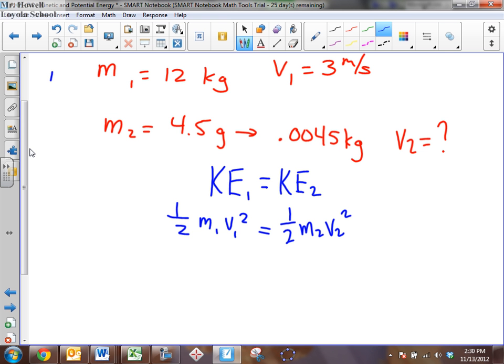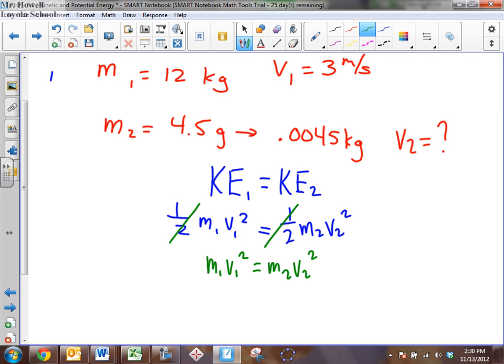The squared is for velocity, but the 1 and the 2 in the subscript just indicate the first or the second object. There's a 1/2 on both sides. If I multiply by 2, what happens on both sides? They cancel. So I get rid of the 1/2 on both sides by multiplying both sides by 2. So I've got m1 v1 squared equals m2 v2 squared.